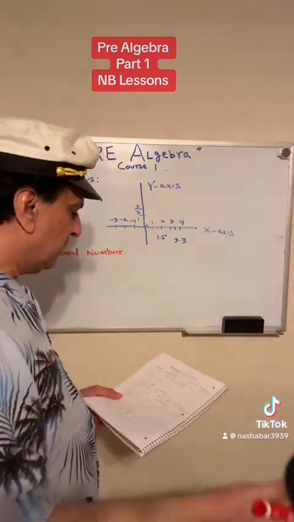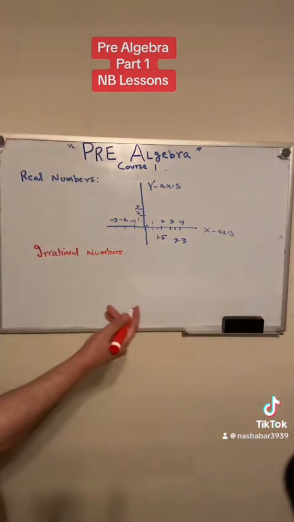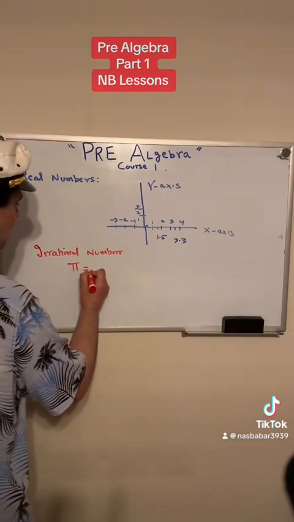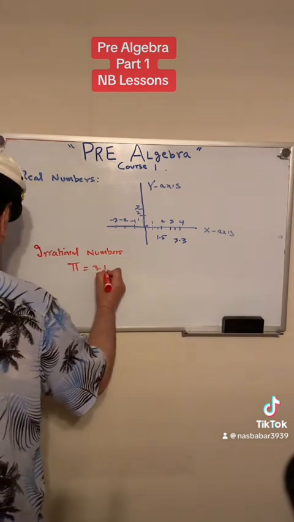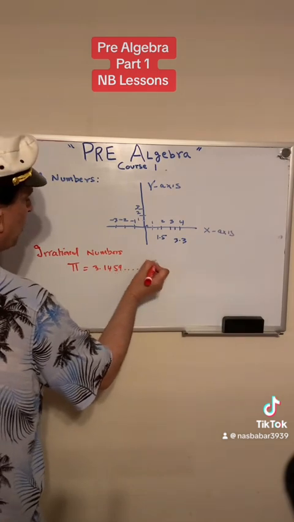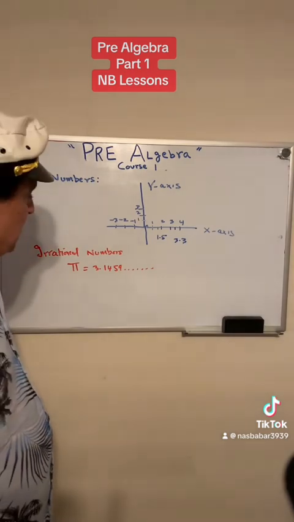So let's look at some examples. For example, pi, which is equal to 3.1459, and it goes on and on and on. So that is basically an irrational number.